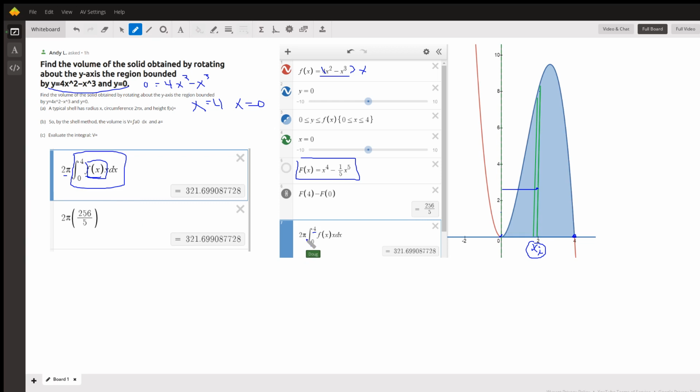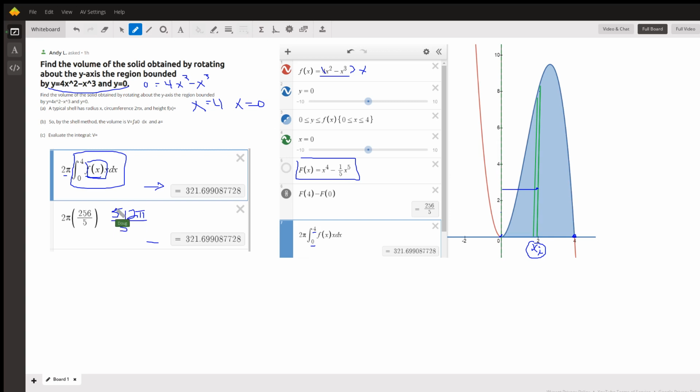And 2 pi times 256 over 5 is the same thing as we got by evaluating this definite integral using the Desmos graphing calculator. So we could say that 2 times 256 is what, 512 pi over 5.